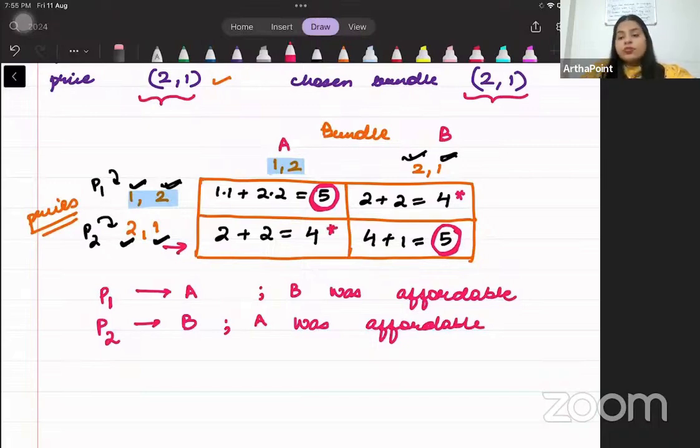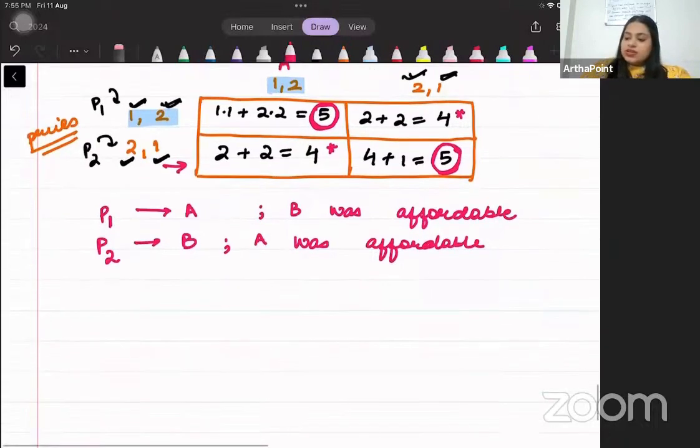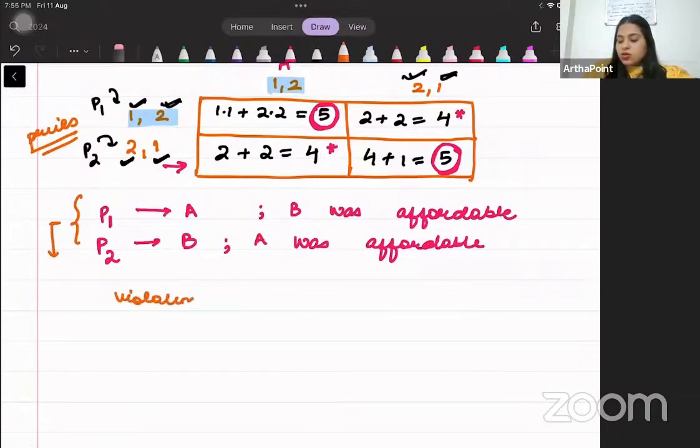A was affordable. Now think. When I chose A, B was affordable. When I chose B, A was affordable. So beta, this is called a violation of WARP. You are not acting rationally.